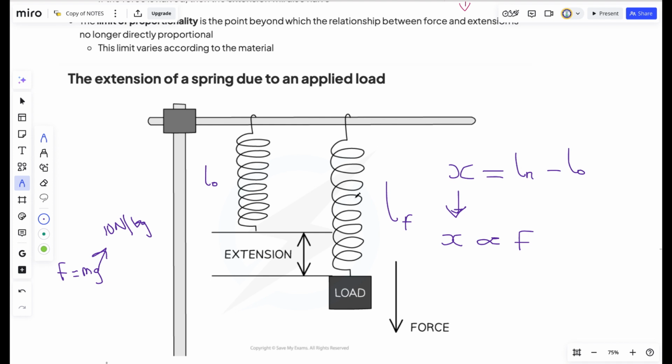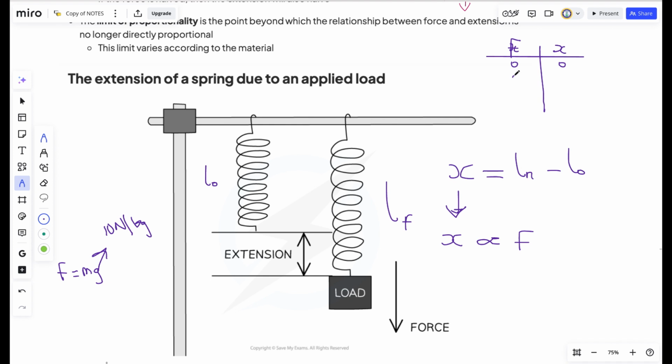They are in proportion, like the proportion you did in maths. So if you add more force, the extension will be in proportion with the force. Originally, when force was 0, the extension was 0. It's just the original length, no extension.